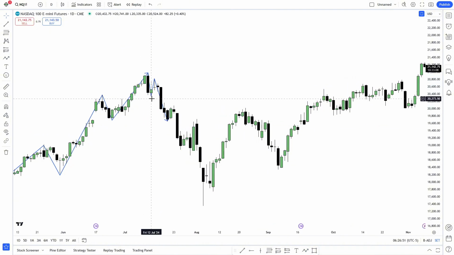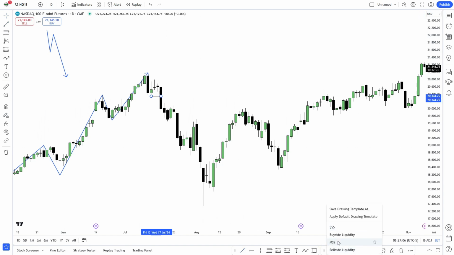And that's our market structure shift, because we changed a trend, we failed to make a higher low. So I'll label that for you here. There you go, that's your market structure shift.